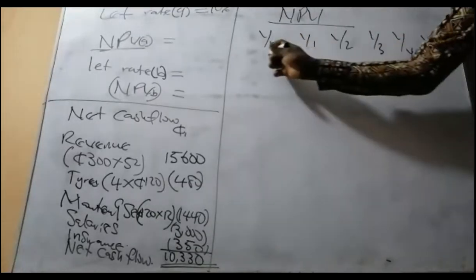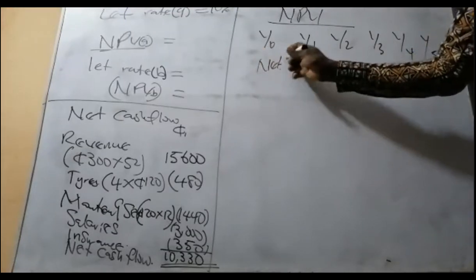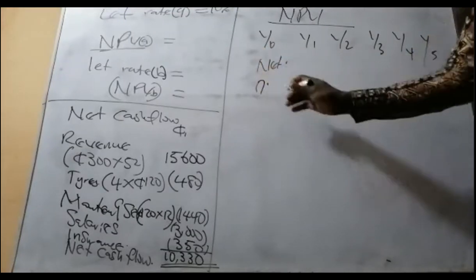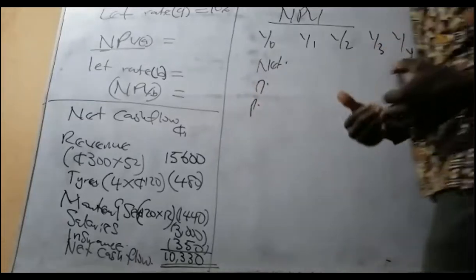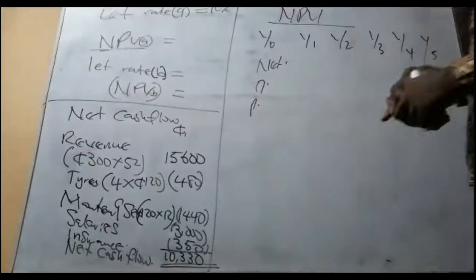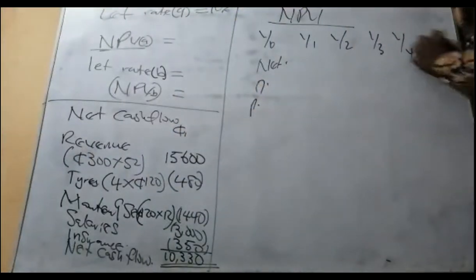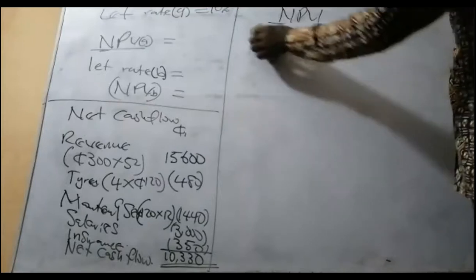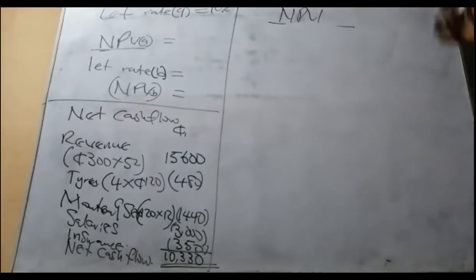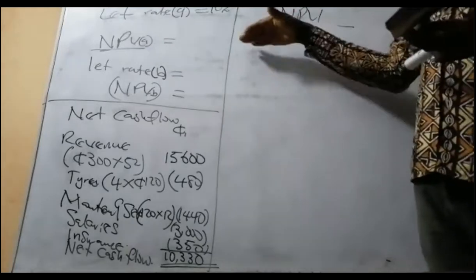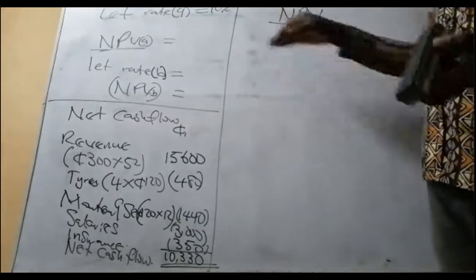We just put the net cash flow here, find the discount factor, and get a PV. We are done. But because of the inflation, we have to inflate these cash flows so that we can get the inflated cash flow. So let's see how best we can inflate the cash flow.